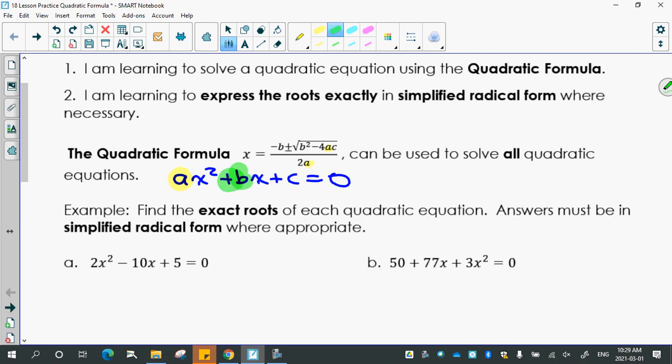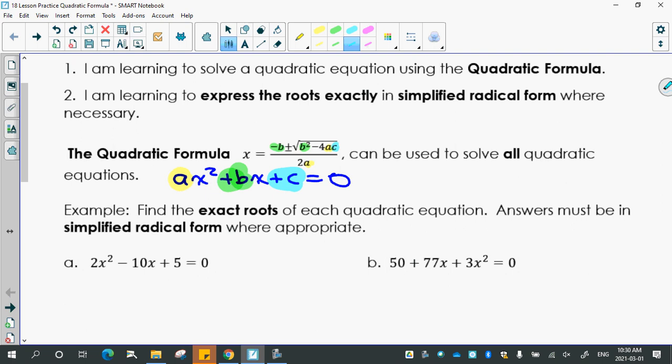If it's positive 5 in front of the x, it would be positive 5. If it's negative 5, it would be negative 5. It's here, the negative sign in front of it, and in here. And then C, including the sign, is only one place in the quadratic formula. But all three of those numbers are in the quadratic formula, and it can be used to solve all quadratic equations.